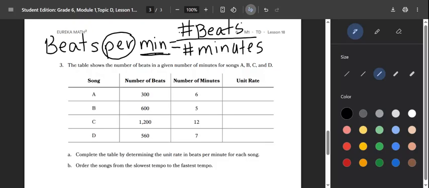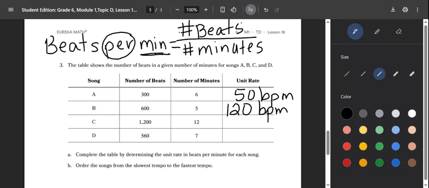All right, so song A has 300 beats for every 6 minutes. So we're going to do 300 divided by 6, which is 50. And that's 50 beats per minute. And then song B is 600 beats in 5 minutes, so that's going to be 600 divided by 5, which is 120 beats per minute.